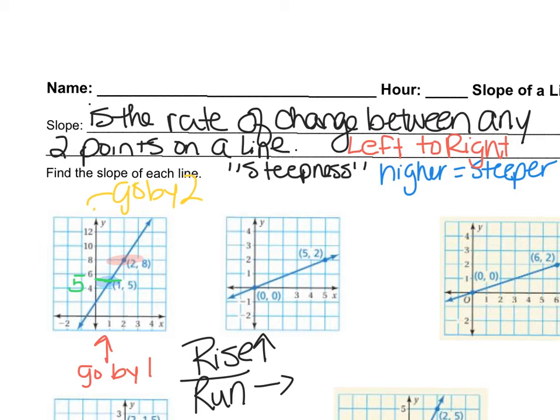And we're going to go up 1, 2, 3, okay? So we're going up 3, so that's our rise, and then we're going to run. Remember our x-axis just goes by ones, so we're going to go over 1, okay? And we can simplify that, so it could just be 3.